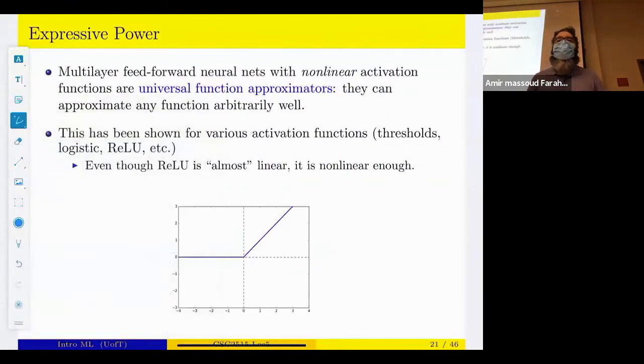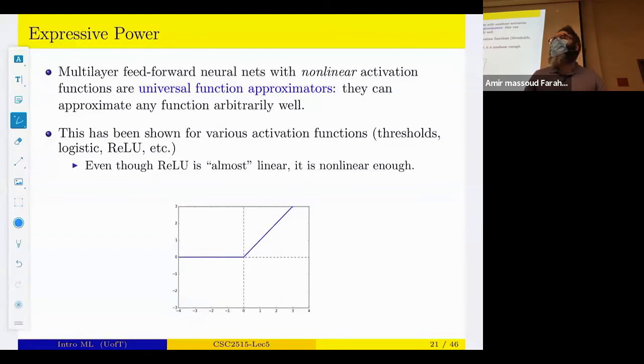But if we add some nonlinearity in the activations, then they can become much more powerful. Under some conditions, with many nonlinearities, they become universal function approximators. What does that mean? Universal means they can approximate any reasonable function arbitrarily well.